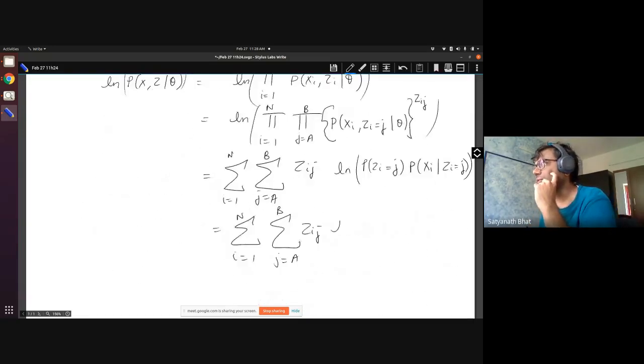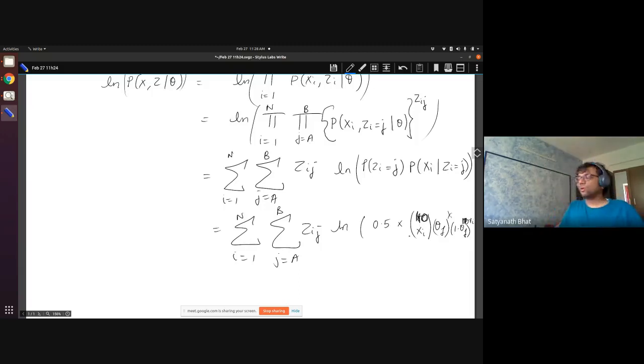So this is ln of 0.5, into n choose xi, theta j to the power of xi into 1 minus theta j to the power of n minus xi, where theta j is whatever that j is. The n we chose is 10, so let us say 10 minus xi. Do you follow this step, Siddharth, Devyani?